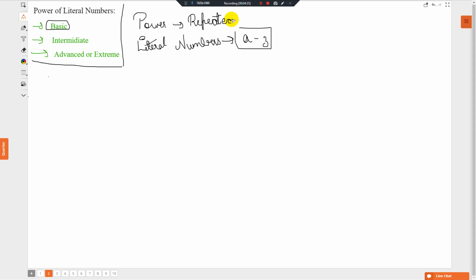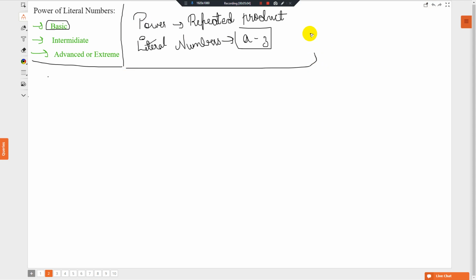Please don't be mistaken, it's not repeated addition or subtraction. The same number is multiplied thrice, 4 times, any number of times at once. That's repeated product. So the power is repeated product.